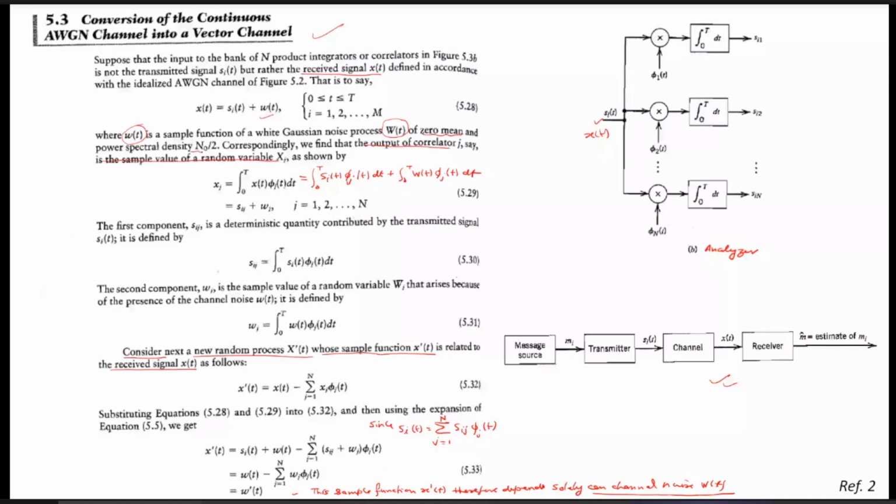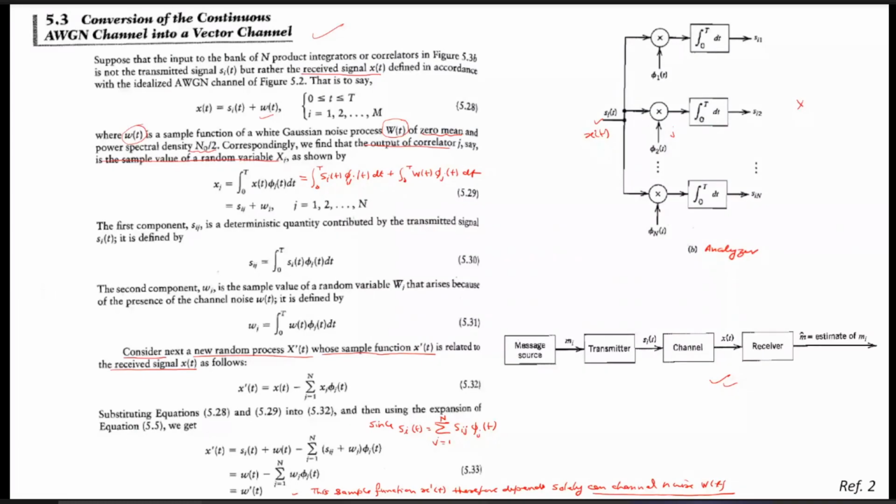Now, similarly, assume that there are N correlators used. If you consider the jth correlator, then the corresponding output of this jth correlator is the sample value of a random variable. si(t) is not random in nature if we consider it in the absence of noise, but x(t) has noise added, so x(t) becomes a random process.